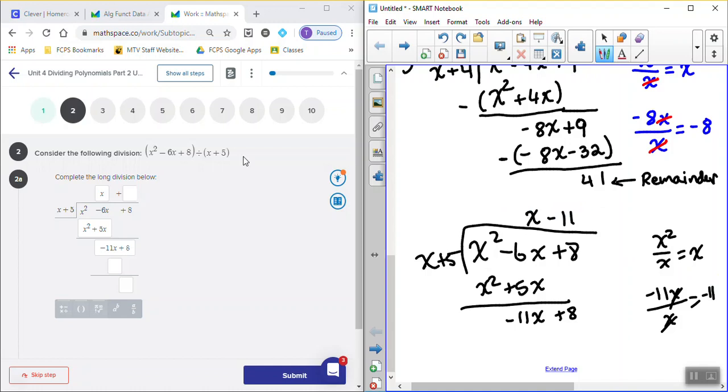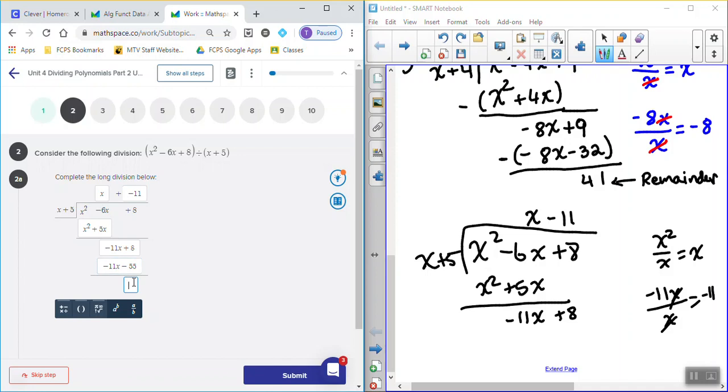Okay, so that's my negative 11. And then now I'm going to multiply it out. Negative 11 times x is negative 11x. Negative 11 times positive 5 is negative 55.